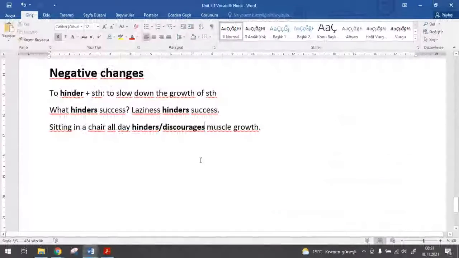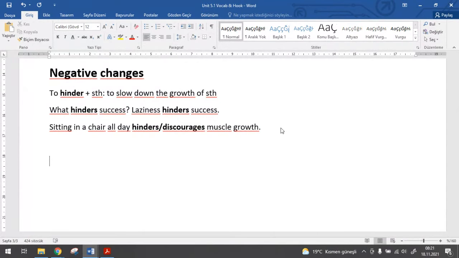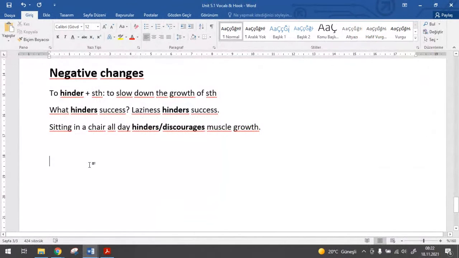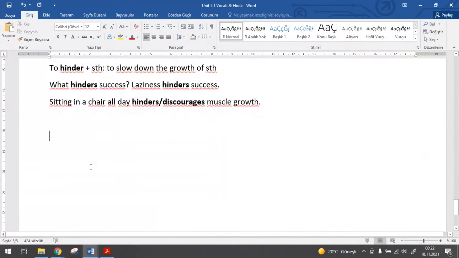So if you are talking about a negative change, you think about, for example, stress in a person's life.